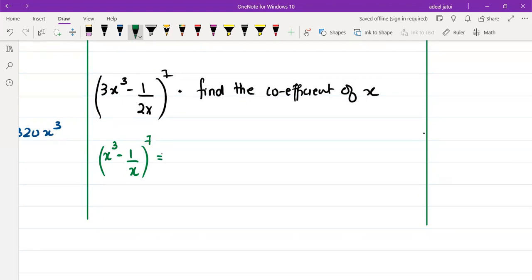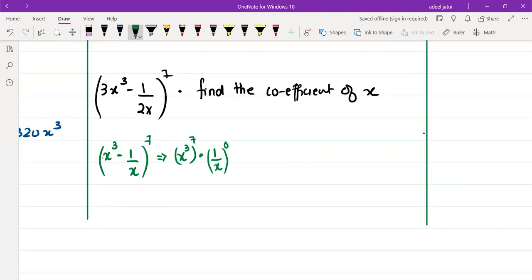Can I say that if I write down the first term using x only, ignore 7C0, 7C1, 7C2, 7C3, just focus on A and B, my x cube will have power of 7 multiplied by 1 upon x with power of 0. I am only working with the values of x only.